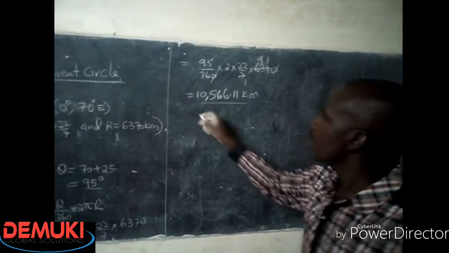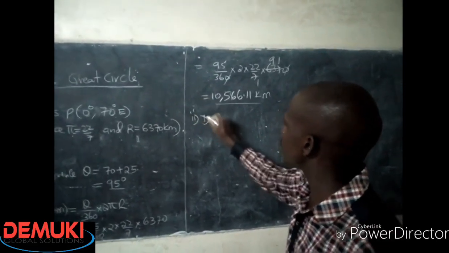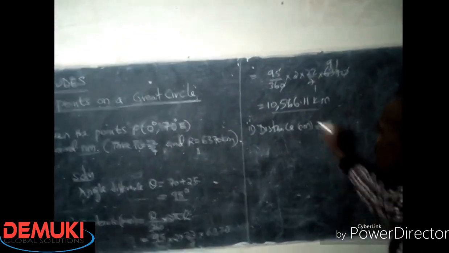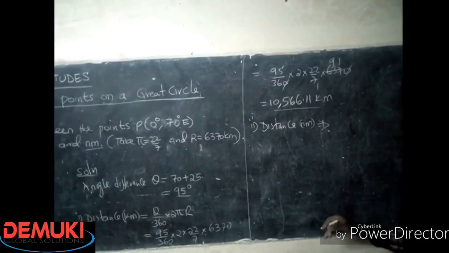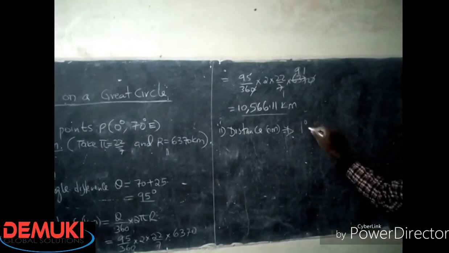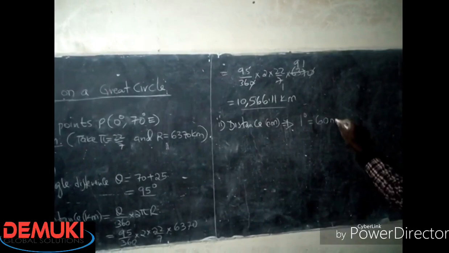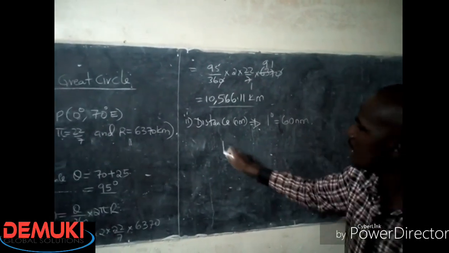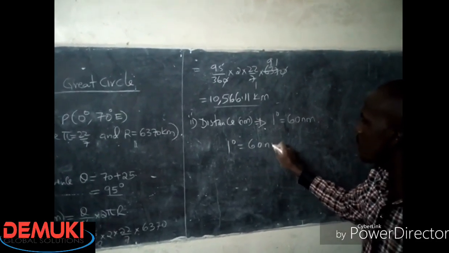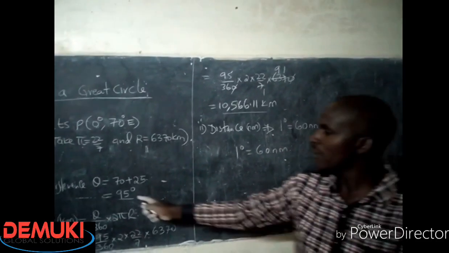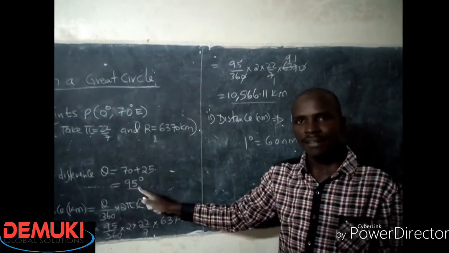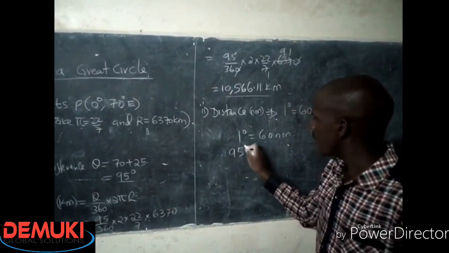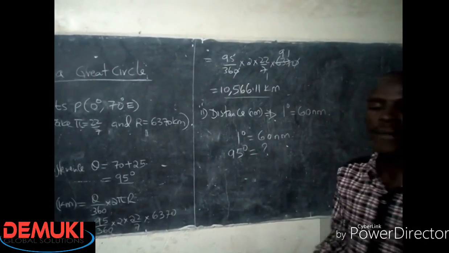Right? Now, part 2 is calculating the distance, but now in nautical miles. And we said for longitudes, the relation is that 1 degree equals 60 nautical miles. So to calculate that, we just say 1 degree is 60 nautical miles. So what is our angle difference? Our angle difference is 95 degrees. So you bring 95 here. 95 degrees will be equivalent to how many nautical miles?